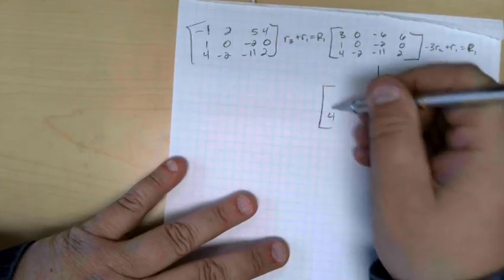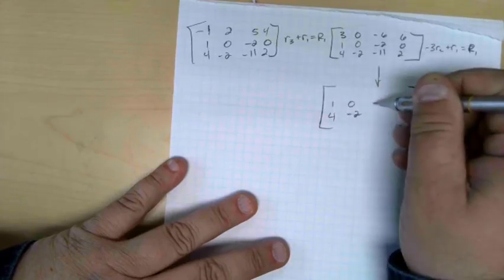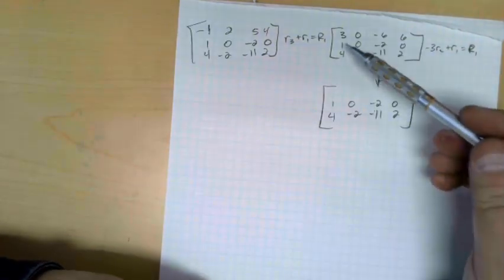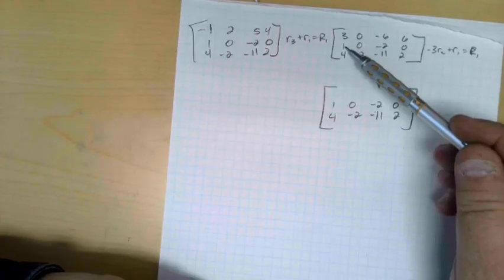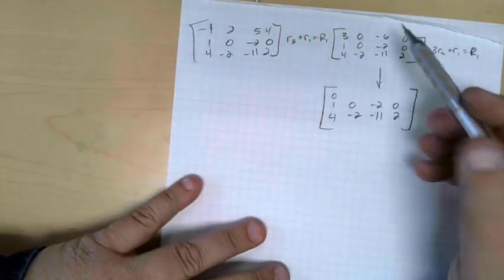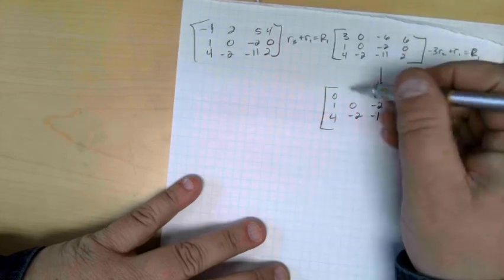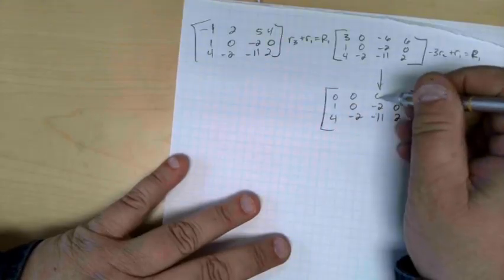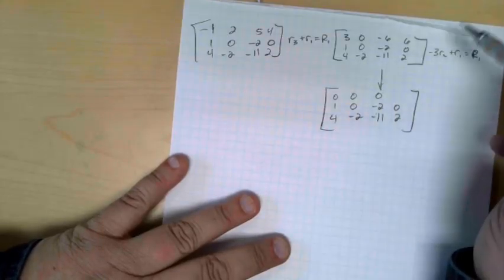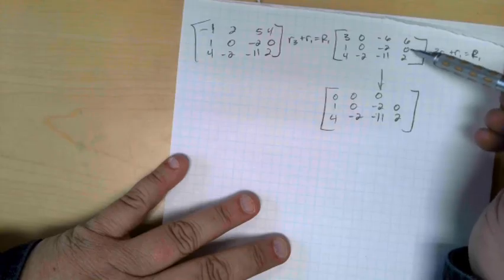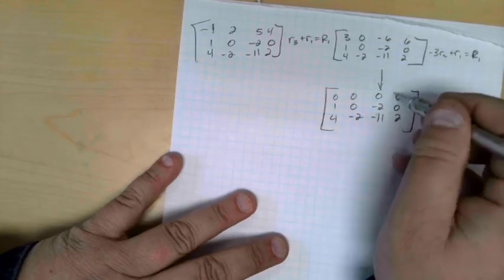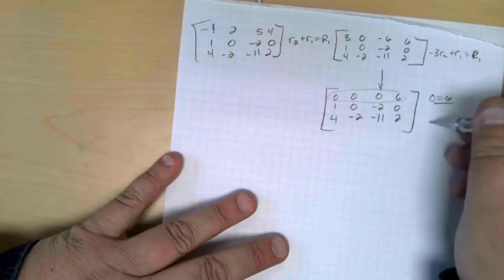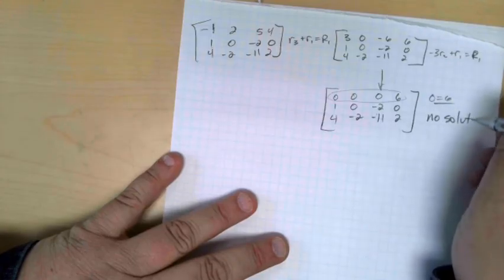So -3 times 1 is -3, plus 3 is 0. -3 times 0 is 0, plus 0 is 0. -3 times -2 is 6, plus -6 is 0. Really? I guess so. -3 times 0 is 0, plus 6 is 6. Check this out. 0 equals 6. That's not true. This has no solutions.